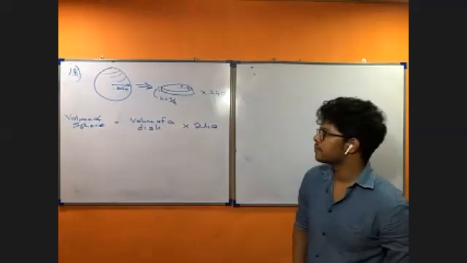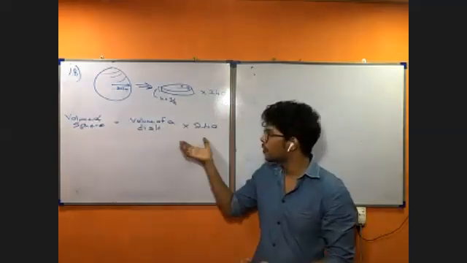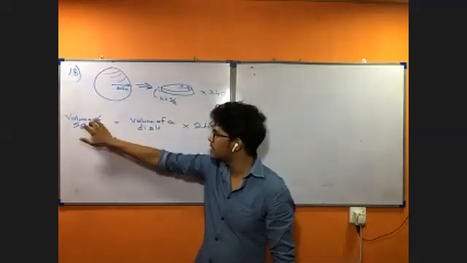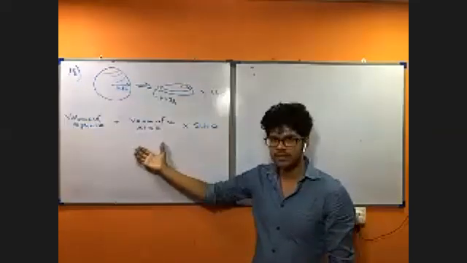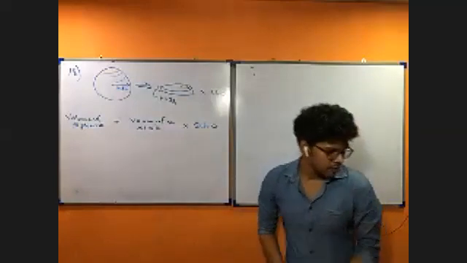We are melting the sphere and making 240 discs. So the volume of the sphere is going to be exactly equal to the volume of a disc multiplied by 240. Simple, right?